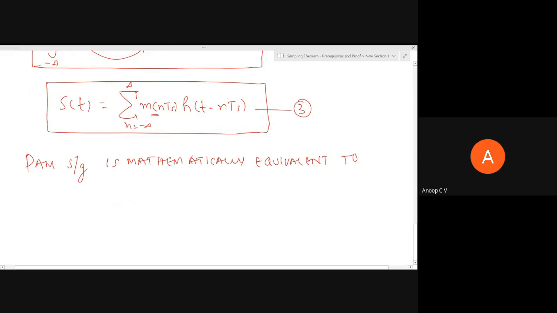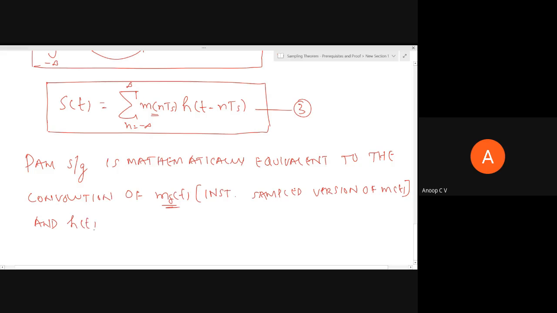So this helps us come up with the system model, or the mathematical model, equivalent to the convolution between m delta of t and h of t, where we know what h of t is.